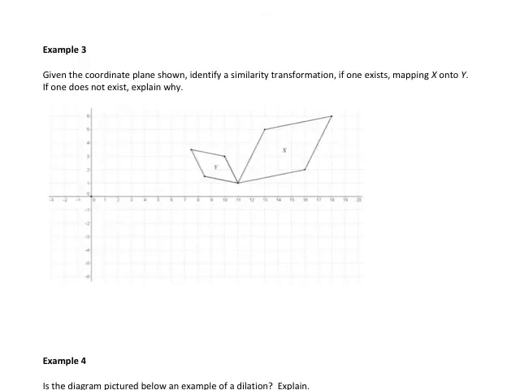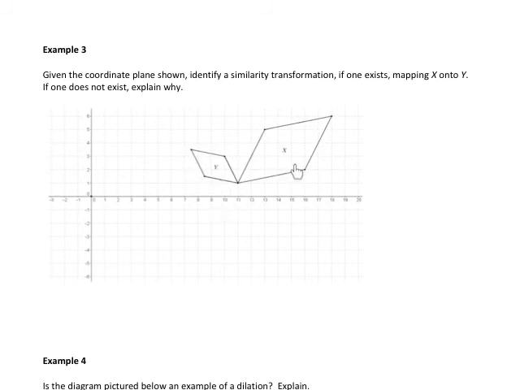So we can also evaluate things by putting them on the coordinate plane. Given the coordinate plane shown, identify a similarity transformation if one exists, mapping x onto y. And if one does not exist, explain why. So if we look at these two images, I want to map x to y. If you evaluate the slopes of each of these lines, or the lengths, you will see that each one is cut in half.